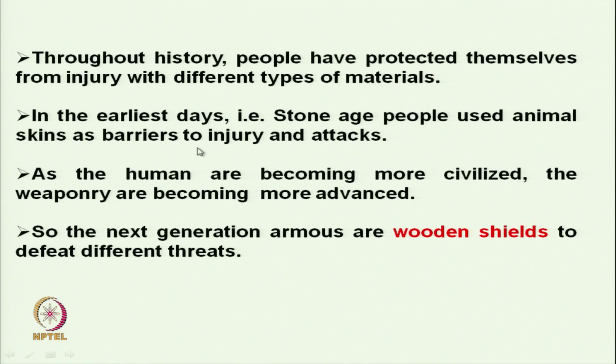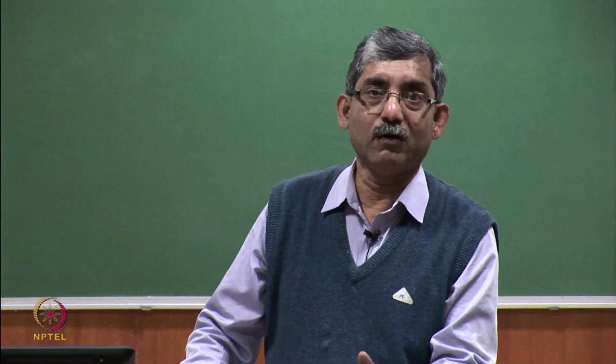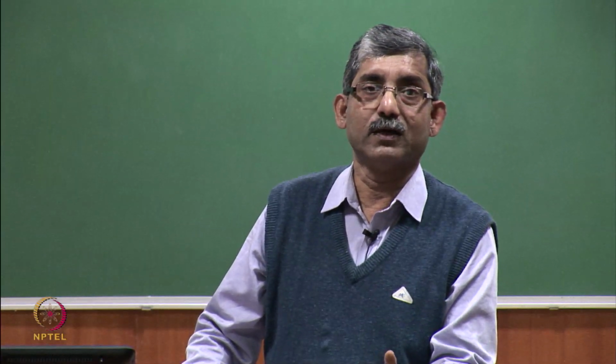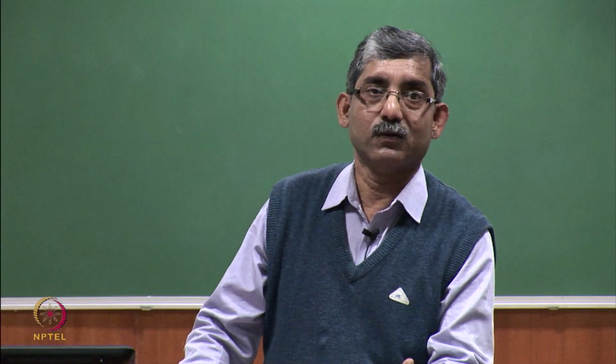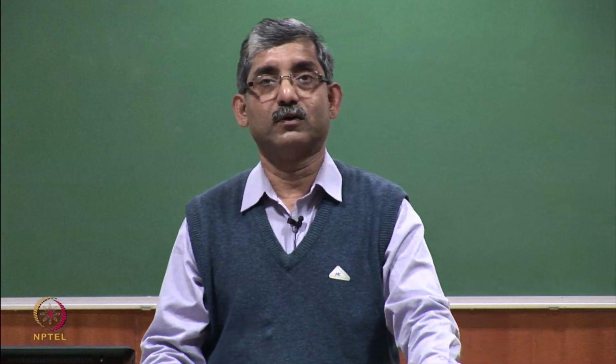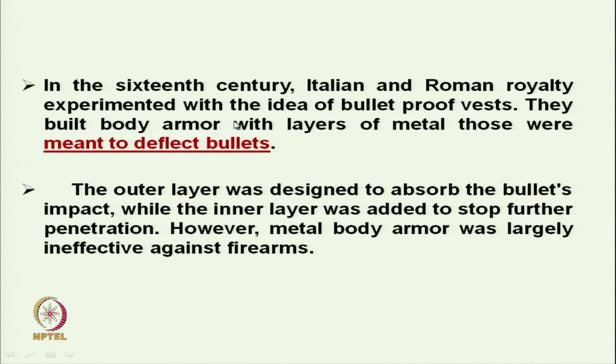The next generation armor was wooden shields to defeat different threats, but the main problem with wooden shields was that they were not flexible and were heavier, so not that convenient. In the 16th century, maybe in Italy and Roman royalty, the idea of the bulletproof vest was experimented with.